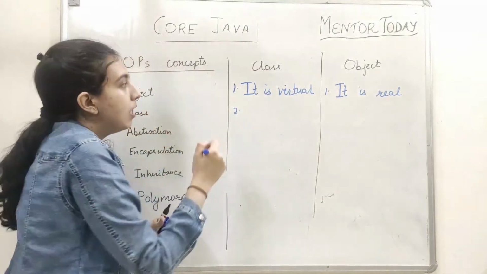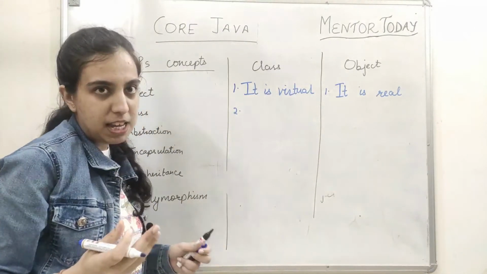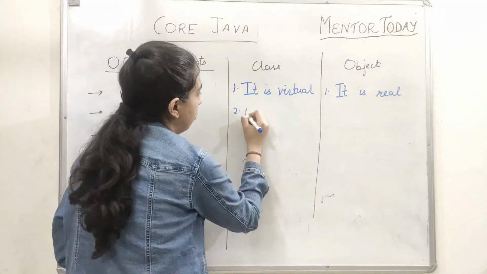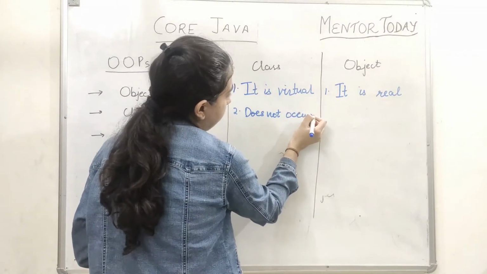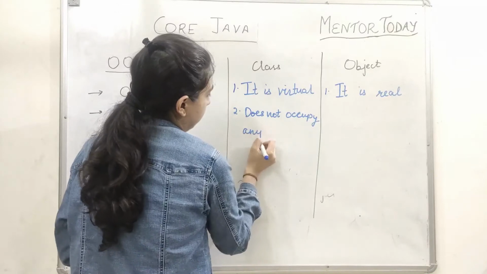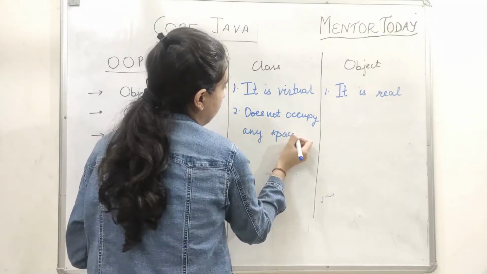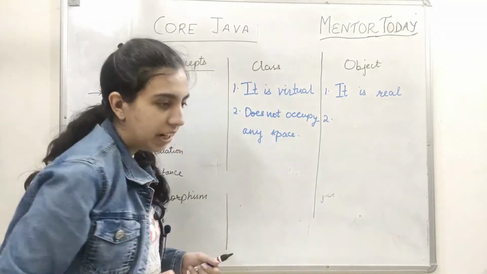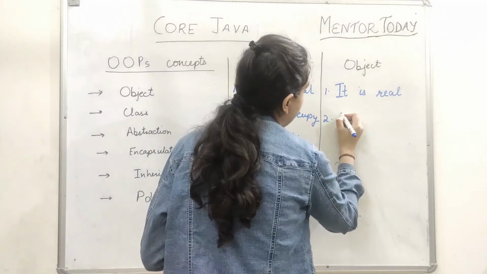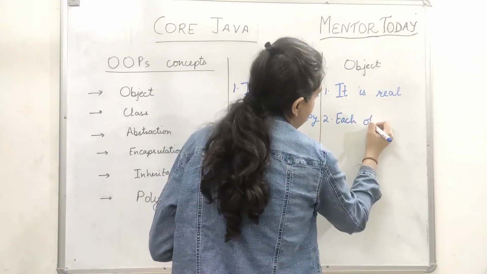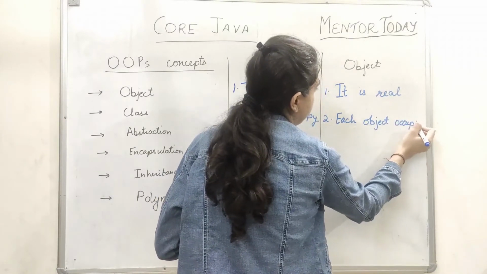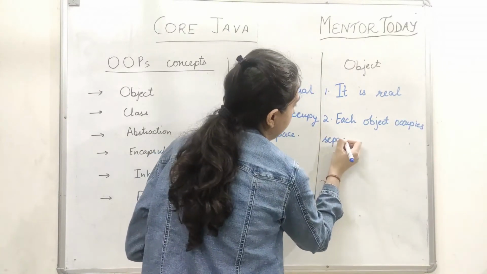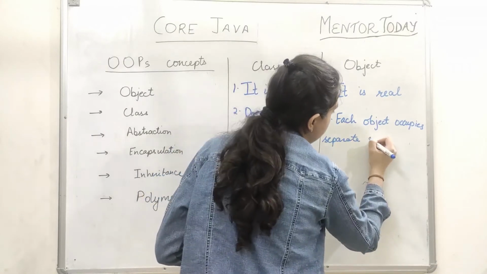Second thing, class does not occupy space because it's a prototype, so it does not occupy any memory. But object is a real world entity, so it occupies separate memory. That is, each object occupies separate space or memory.